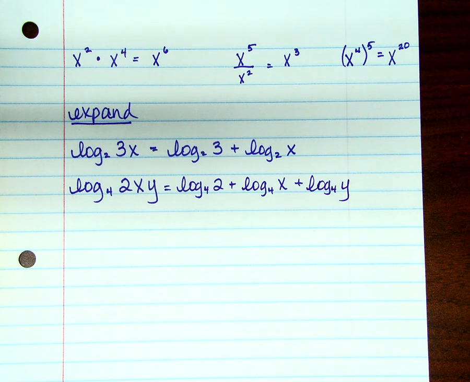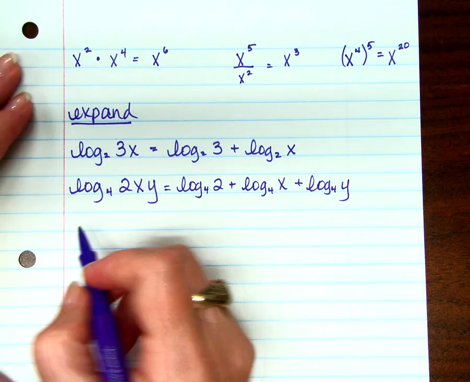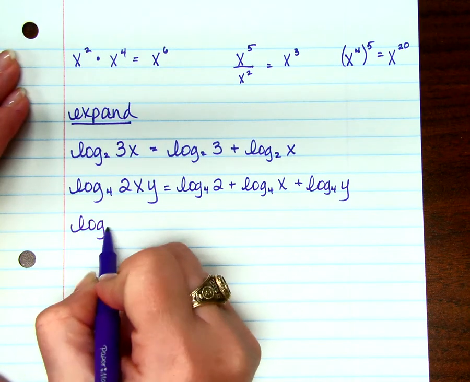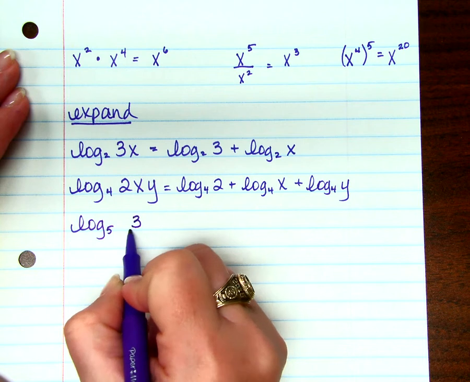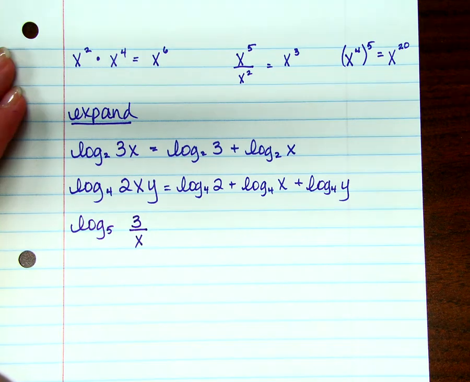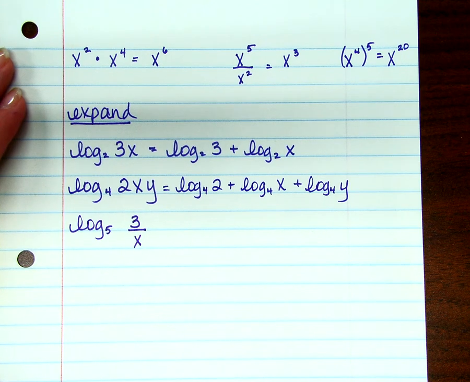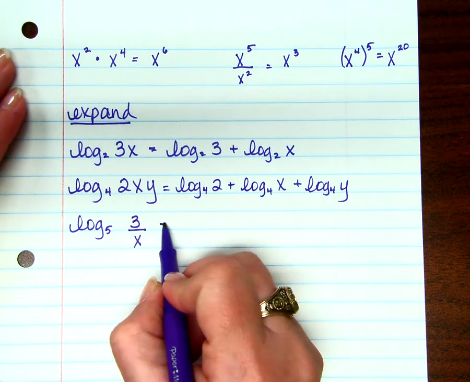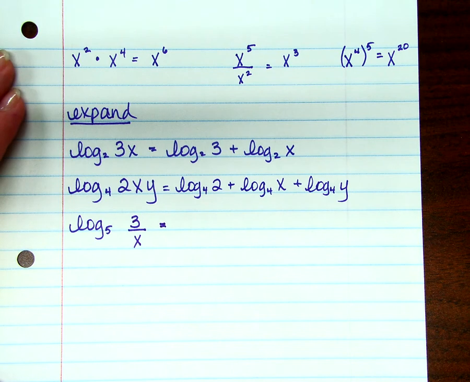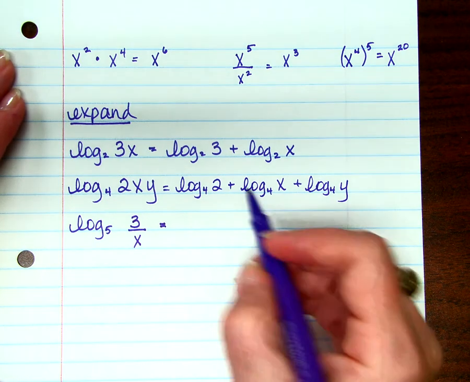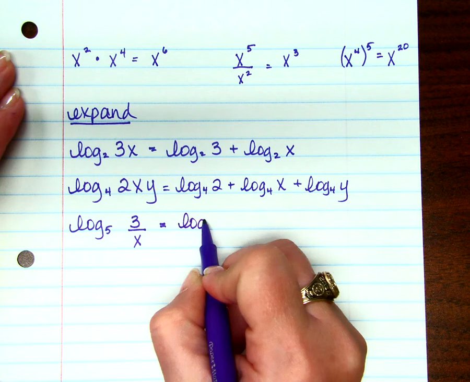Can I try to trick you? Yeah? Okay. Log base 5 of 3 over x. What would this look like if I expanded it? Log base 5 of 3.